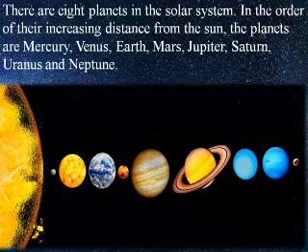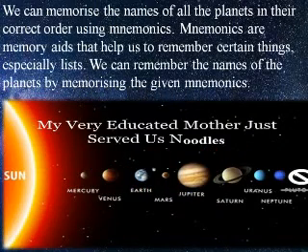So, my dear children, there are 8 planets in the solar system. In the increasing distance from the sun, the planets are here. We can memorize the names of all the planets in the correct order using mnemonics.